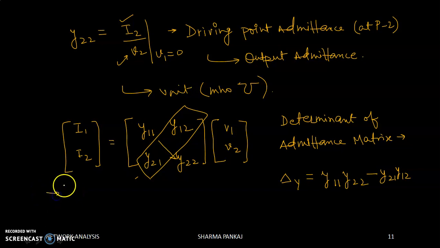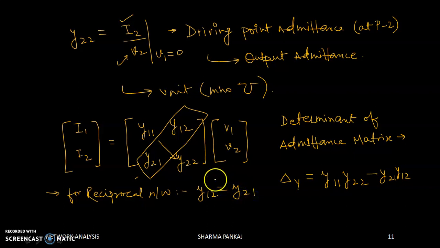Now, for any system to become a reciprocal network, the condition is y12 must be equal to y21. This condition must be satisfied, otherwise that network will not be reciprocal. Okay.